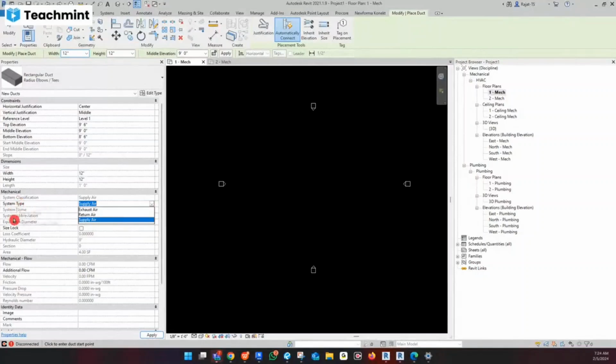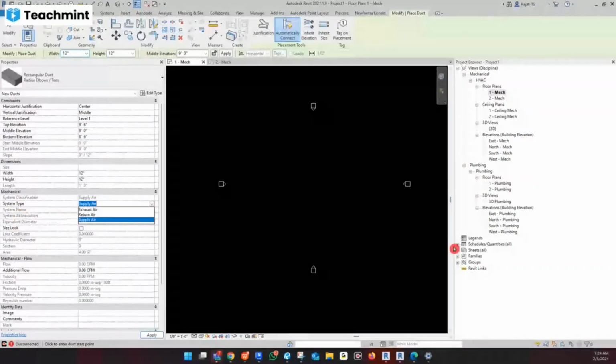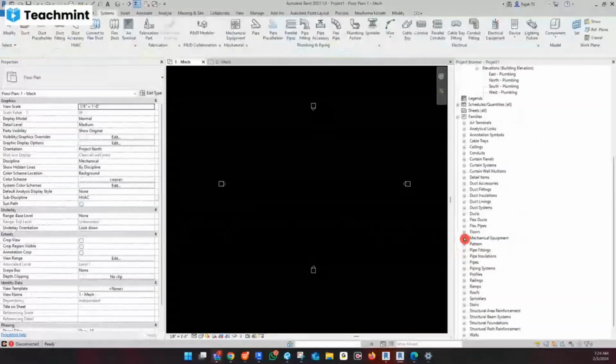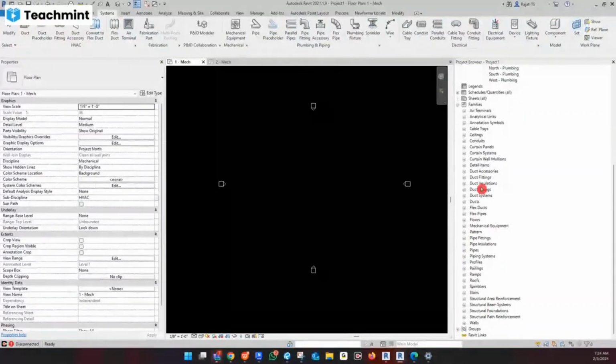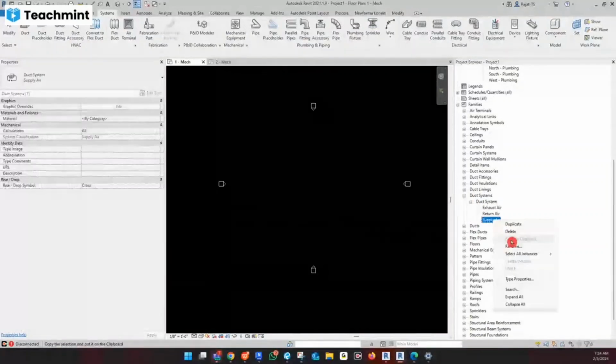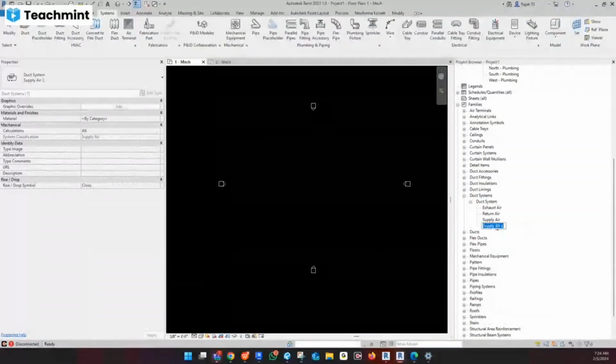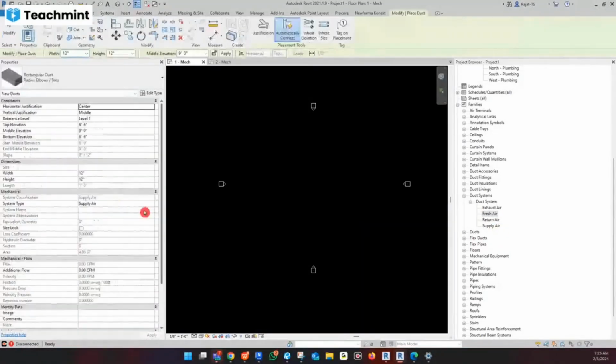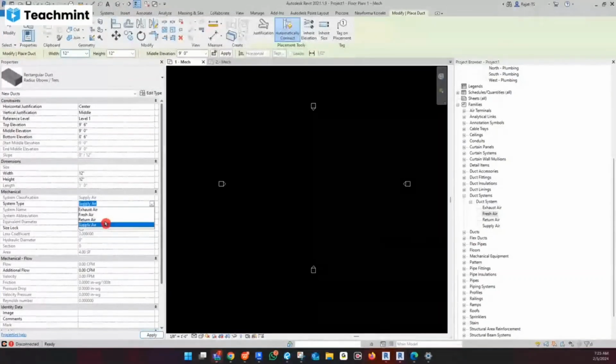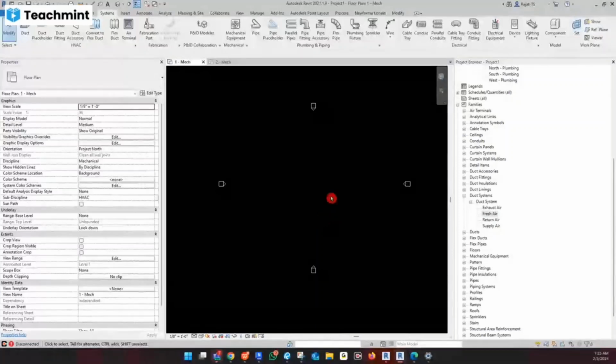So this is called system type. We have to create the families. There you can see the duct system will be there somewhere. Here you can see supply, right click, make a duplicate. Now, when I click on the duct, you can make multiple systems. Got it?